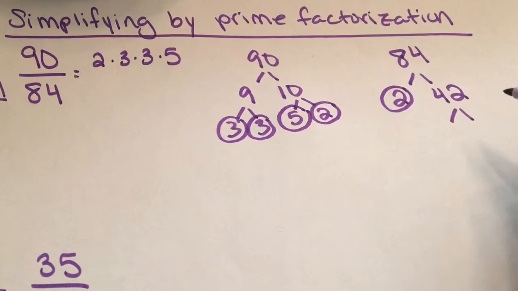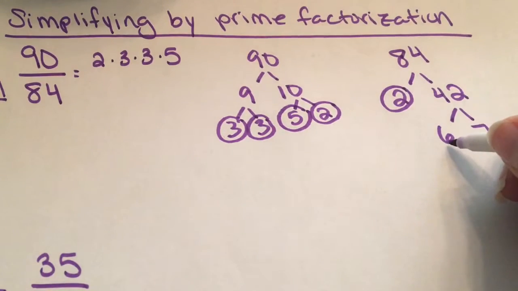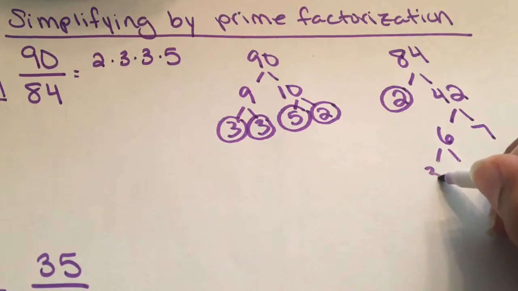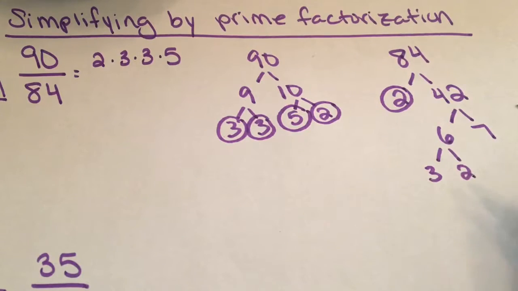The most common ones that I think of are 6 and 7, so I'm going to go ahead and look at 6 and 7. Well, what makes up 6? 3 times 2. So I'm going to go ahead and write that 3 times 2. My factors of 3 are 1 times 3, therefore 3 is prime. My factors of 2 are 1 times 2, so I know 2 is prime.